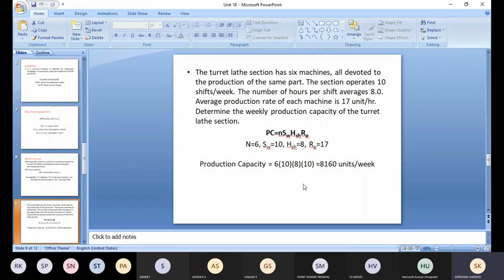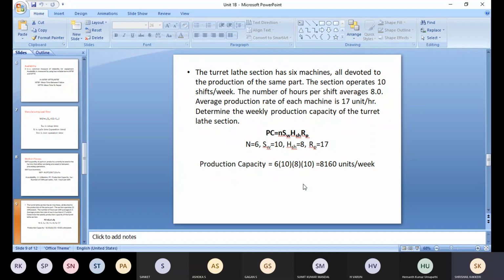The section operates 10 shifts per week. In a week, the section is working 8 hours per shift. That means SH is 8 hours, and SW is 10 shifts per week. Okay, the average production rate of each machine is 17 units per hour.